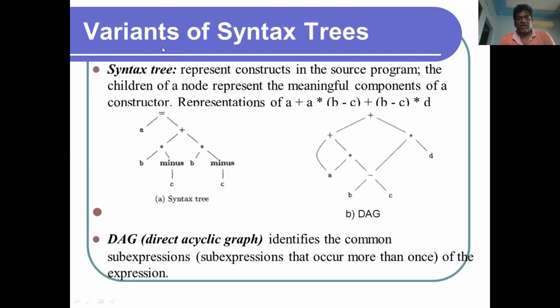Now, the second way of representing intermediate codes is with the help of syntax trees. So we know that syntax tree represents the expressions while parsing the corresponding code, and syntax tree actually is not very efficient because it represents the expression exactly.